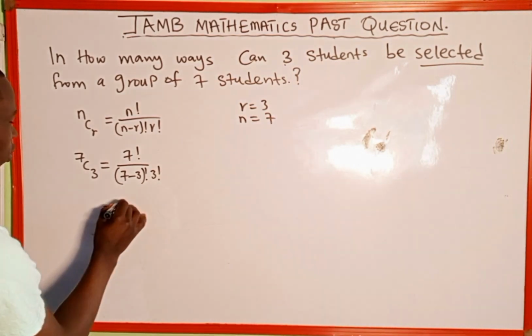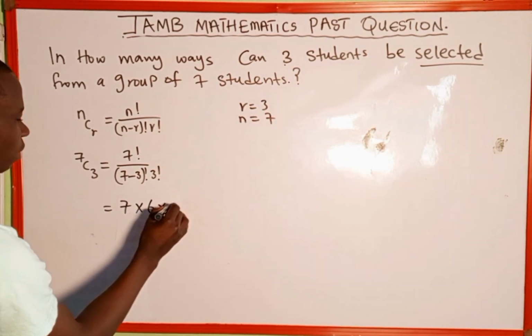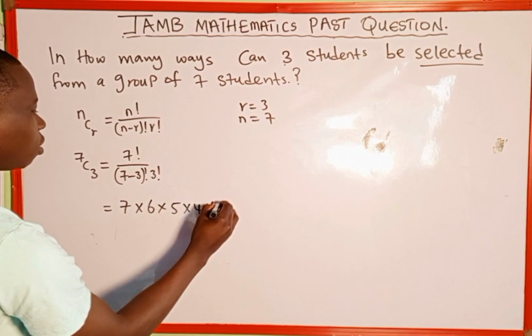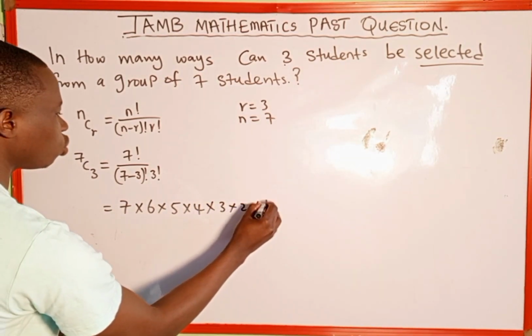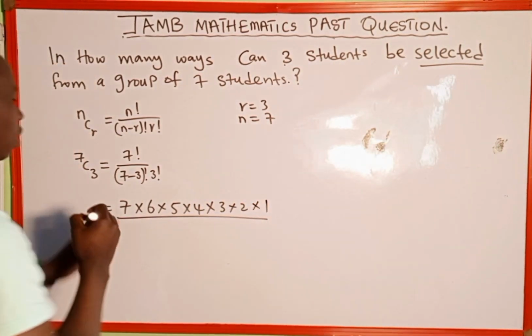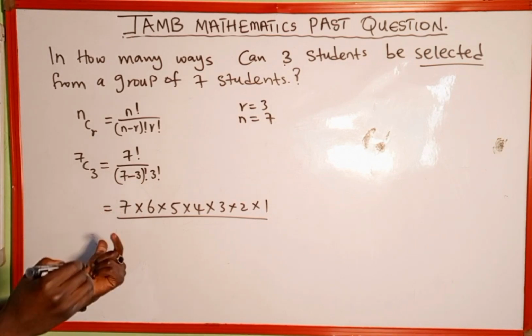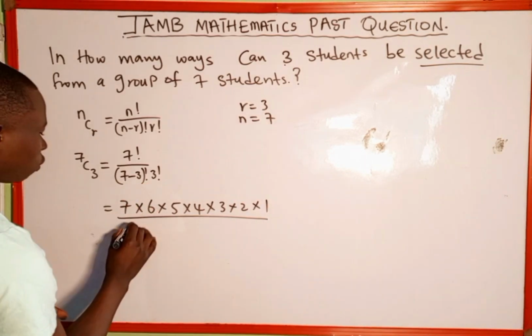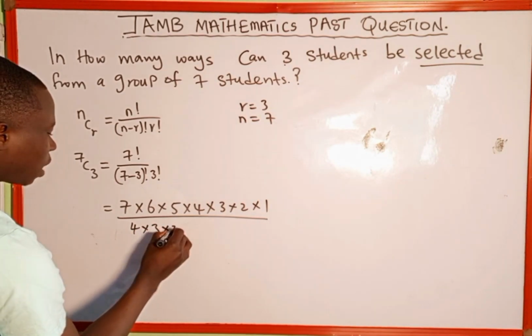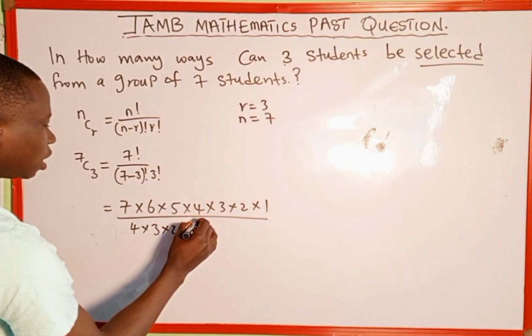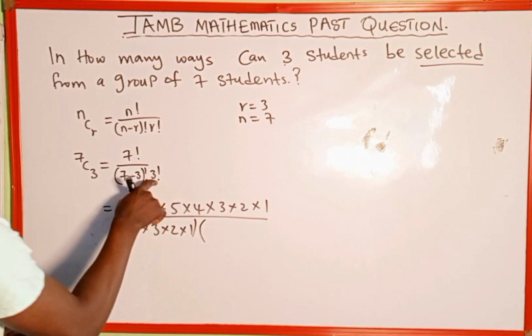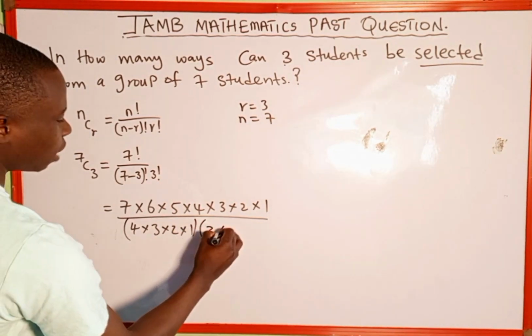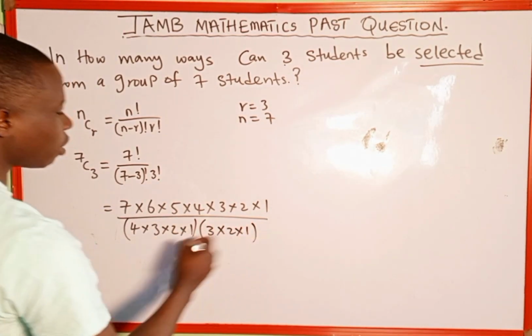So this is going to be what? 7 multiplied by 6 multiplied by 5 multiplied by 4 multiplied by 3 multiplied by 2 multiplied by 1, then all over, what is 7 minus 3? 7 minus 3 is going to give us 4. 4 factorial is the same as what? 4 multiplied by 3 multiplied by 2 multiplied by 1, then multiplied by what? 3 factorial.